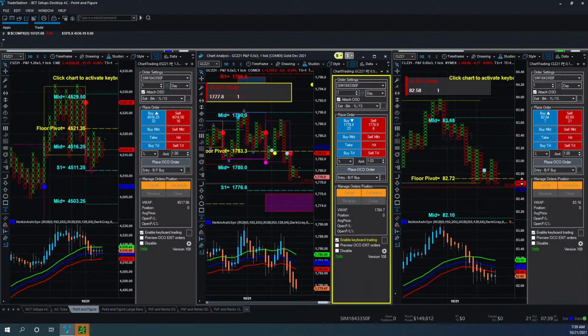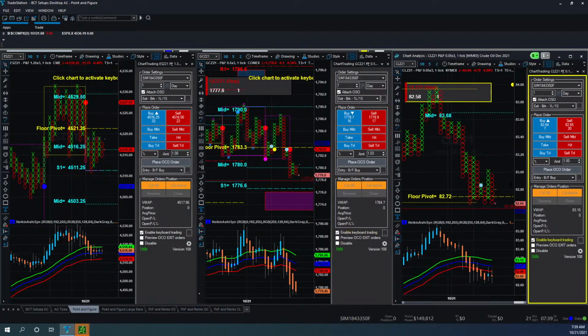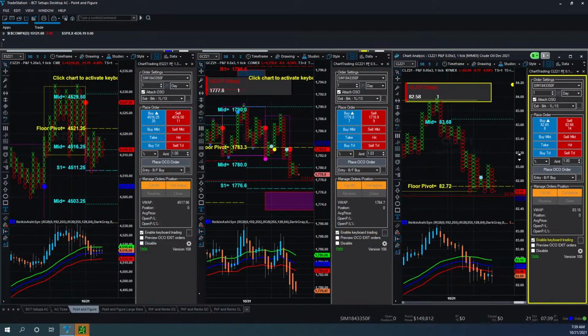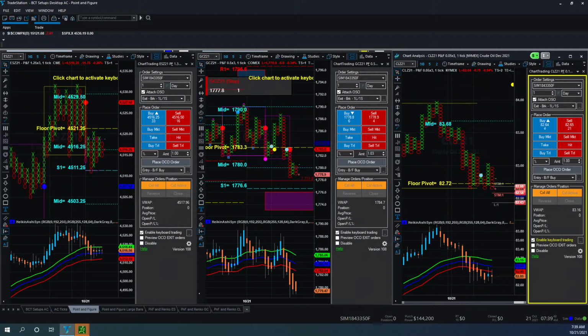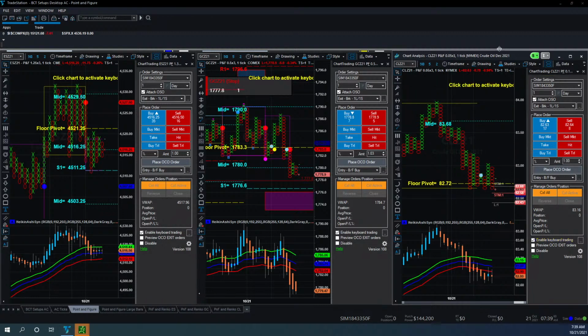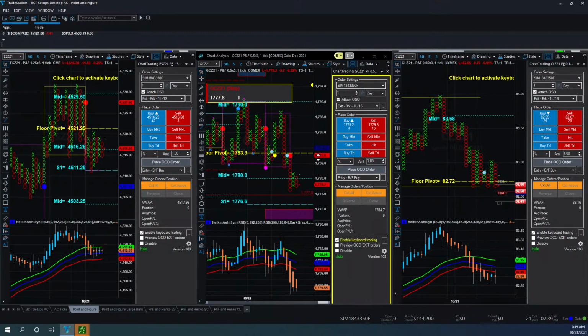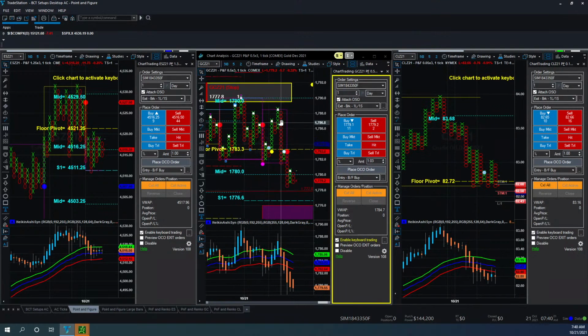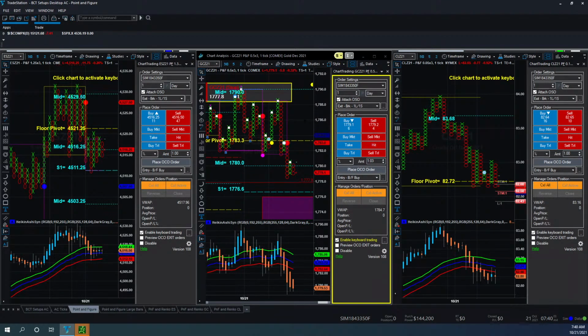Crude is trying to break. 82.58 would be my entry. Let's see what it does. $7.40.